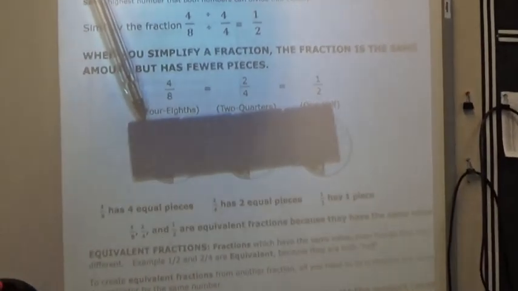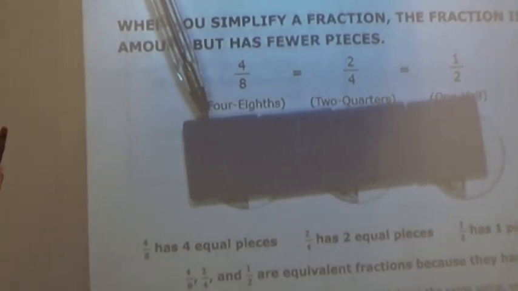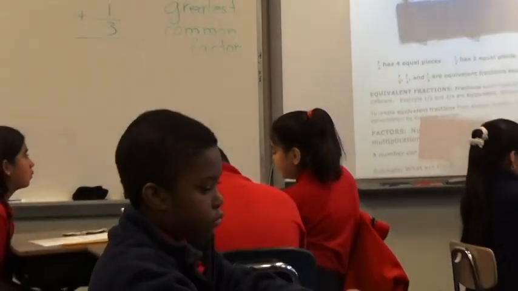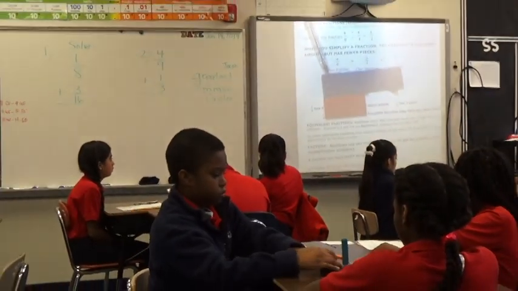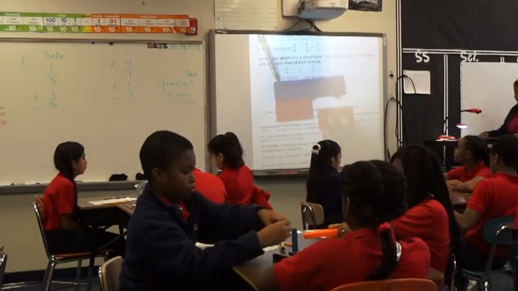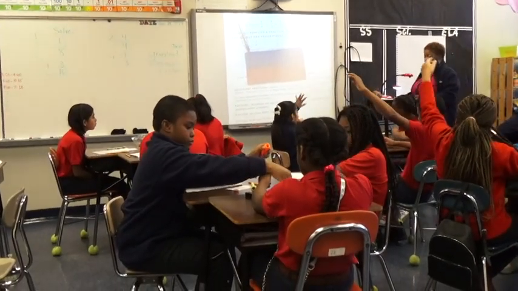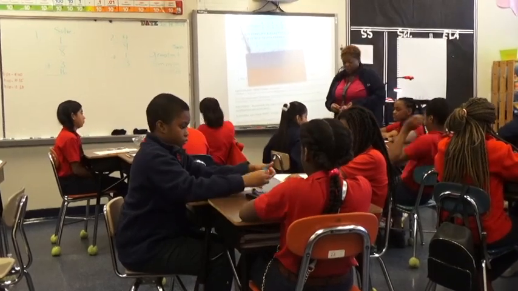Can anybody tell me an equivalent fraction they discovered out of this? Yes, Carlos. 2/3. Okay, if you didn't find it, do it now. 2/3. Was there any other pieces? Any other pieces? Yes. 8/12.